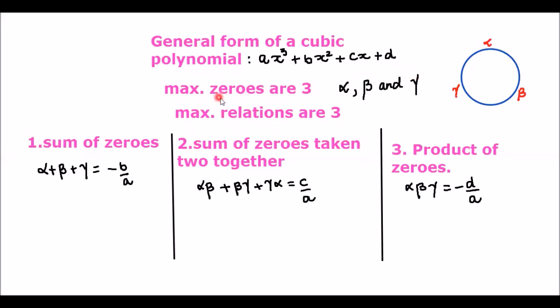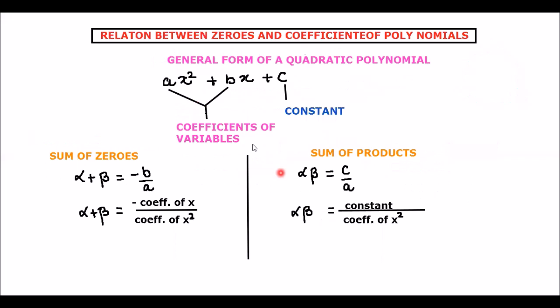The maximum number of zeros of the polynomial will be 3 because the degree of the polynomial is 3. Similarly, the maximum number of relations that you can have is also equal to the degree of the polynomial, that is 3. On the last page you have seen, children, the degree of the polynomial is 2.